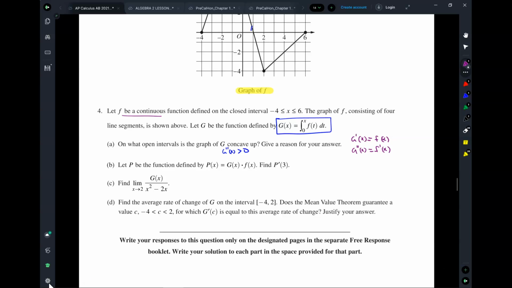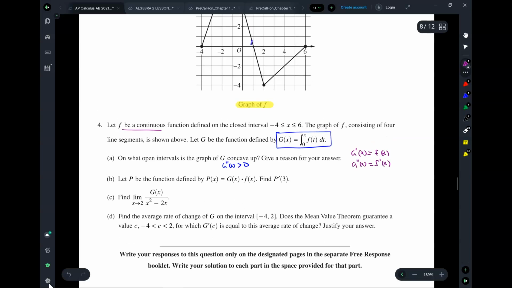Okay? So, if I want g prime to be positive, that means I want f prime to be positive. And if this graph is f, what does f prime represent? The slope. Or the derivative, yes, which is the slope.